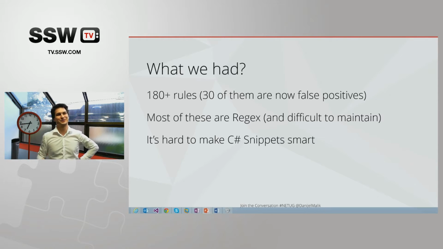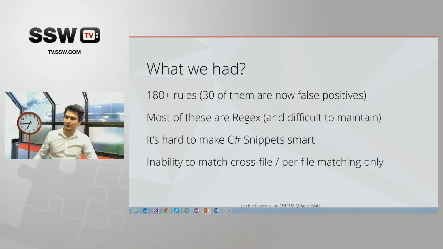I'll show what our rules currently are in Code Auditor. The other thing we had is a lot of C# snippets, but it's hard to make them smart. It's really, really hard. The main reason is that we cannot match across multiple files.